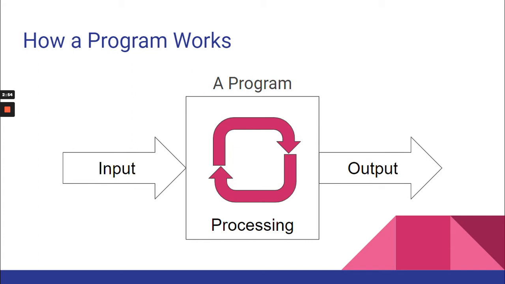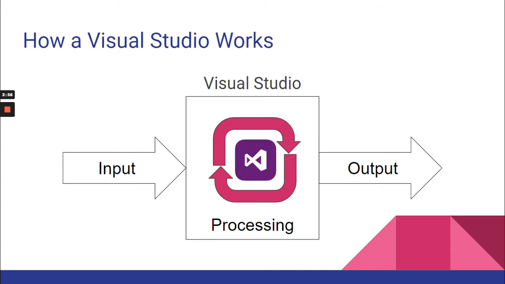Visual Studio. Let's talk about Visual Studio for a second. Visual Studio input, you have keyboard, you have typing, you have the files that you previously saved. The processing that Visual Studio does are things like compiling and debugging and displaying. That's kind of the processing that it does.